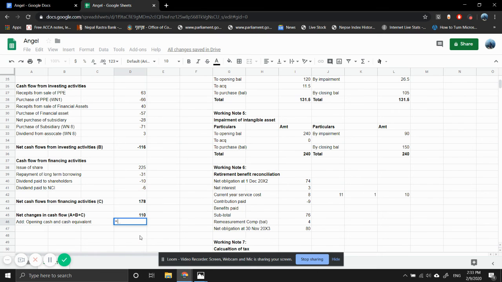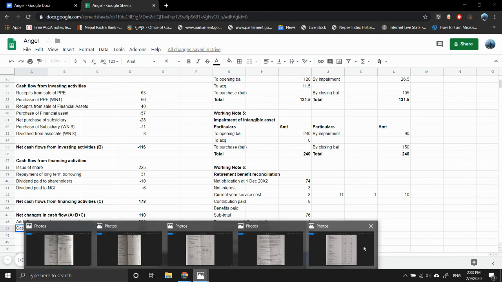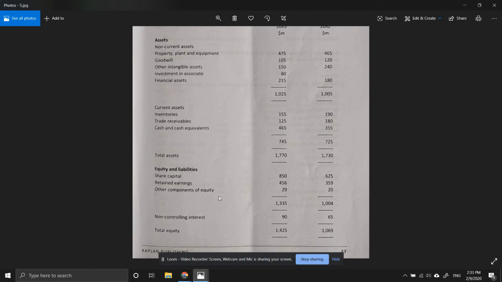So with 355, we should get the other amount, otherwise we made a mistake. So this will be our cash and cash equivalent at the end of the period. Right. So are we correct? Yeah, 465. Good.